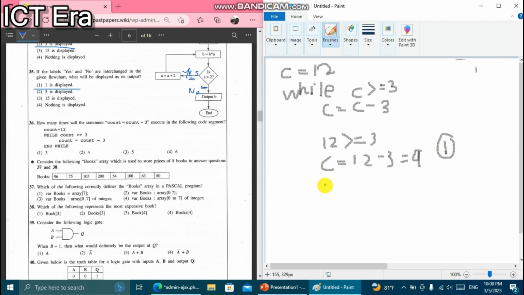Then the second time, again 9. Now count equals 9, while count is greater than or equal to 3. Yes. Then new count will be 9 minus 3, equals how much? 3. Now this is the second time. And then now 2 times. The next one.